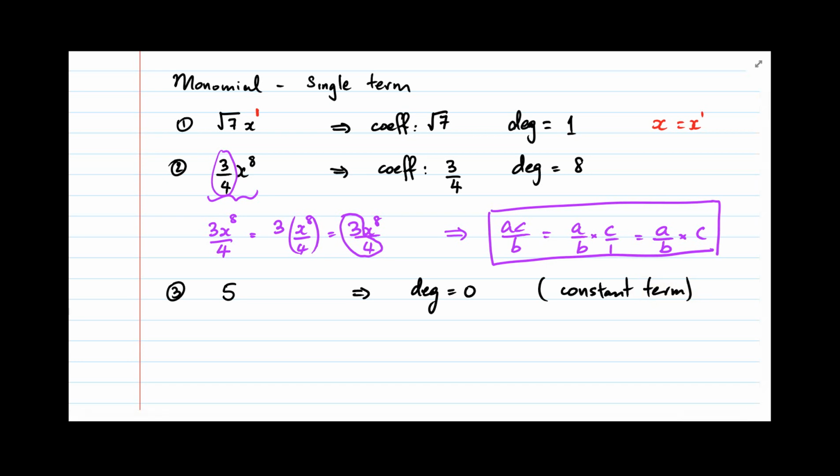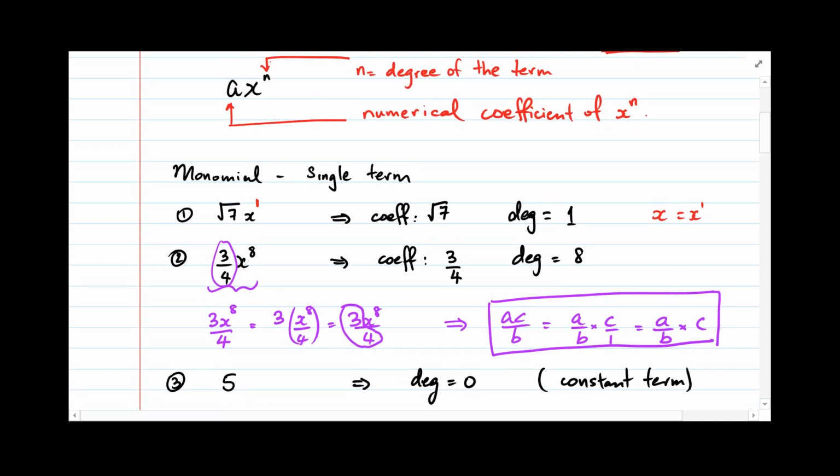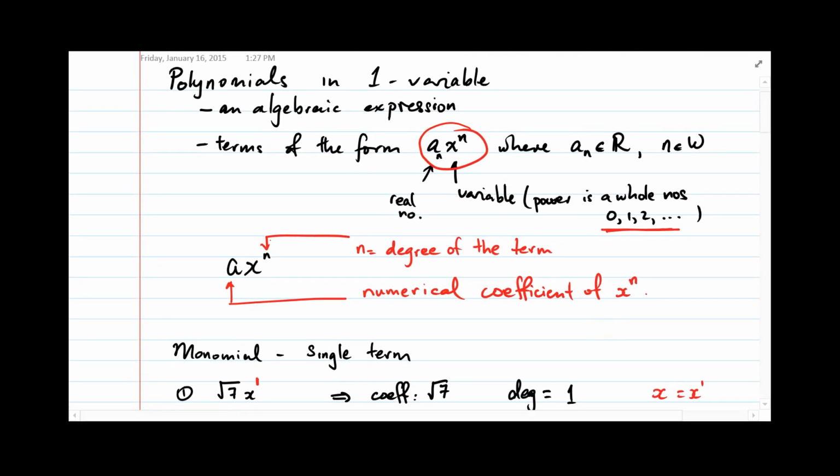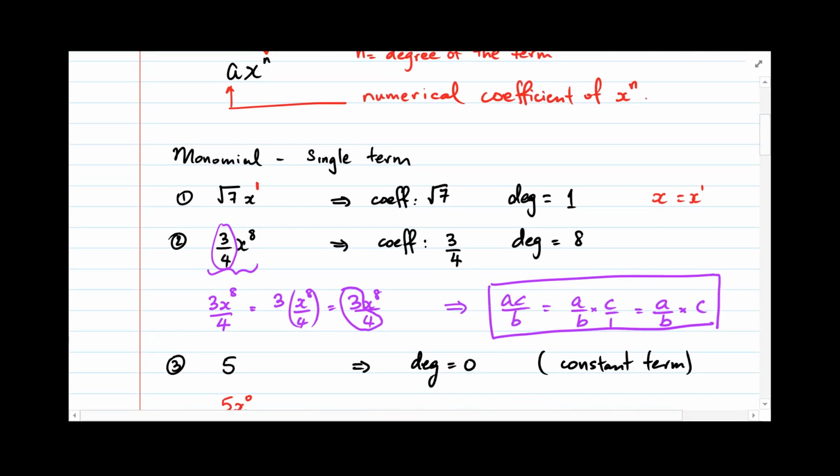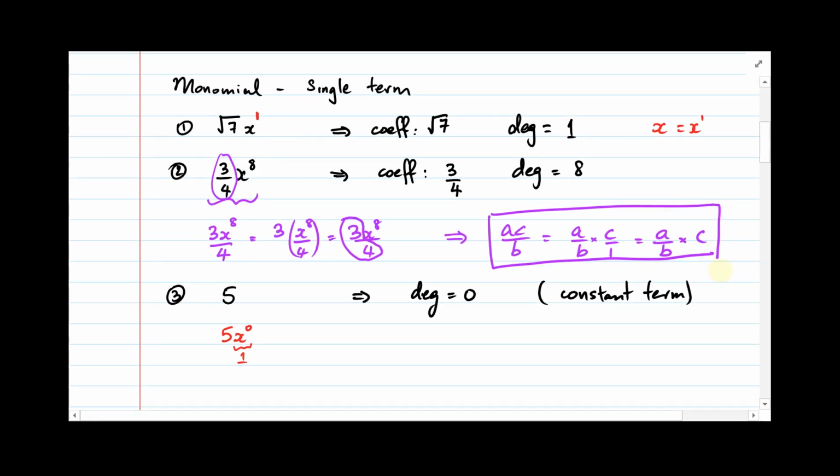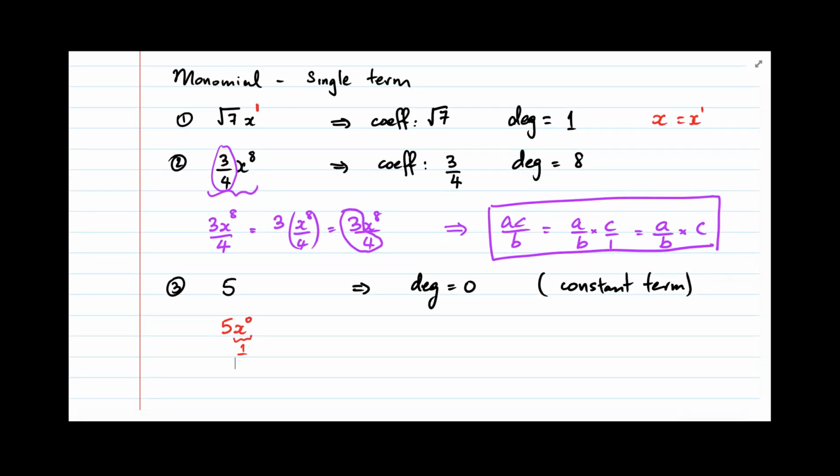Two different ways to explain it. We can say the absence of any variable, but equally we could say that this is really 5x to the 0. Recall that x to the 0 is 1. So in essence, when we define a monomial, we could say that it is of the form ax to the n, or it could be a constant, as we have seen now in example 3.